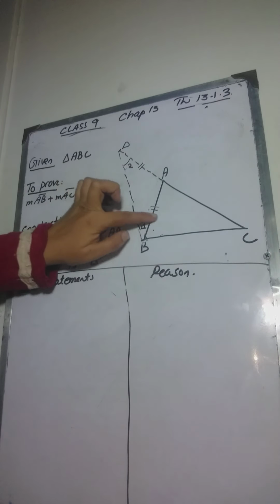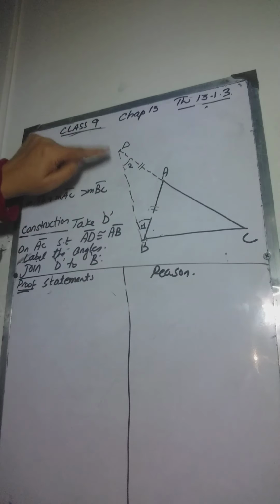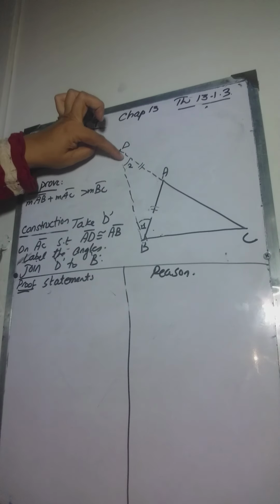In triangle DBC, angle B is greater than angle 2, so the side opposite to angle B, which is DC, will be greater than BC, because opposite to BC we have a smaller angle. Opposite to a greater angle we have a longer side.